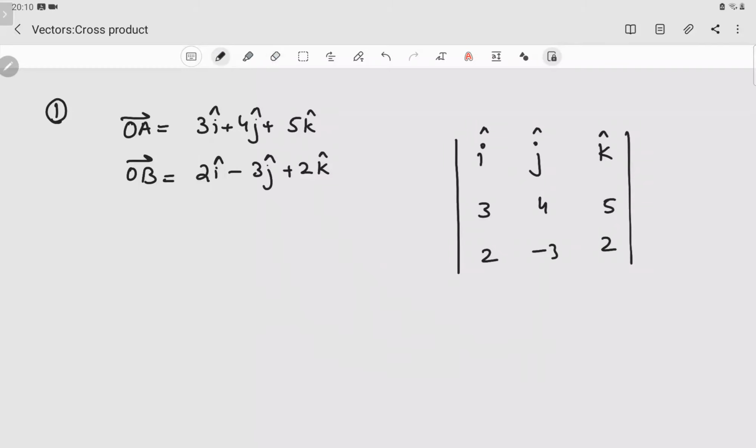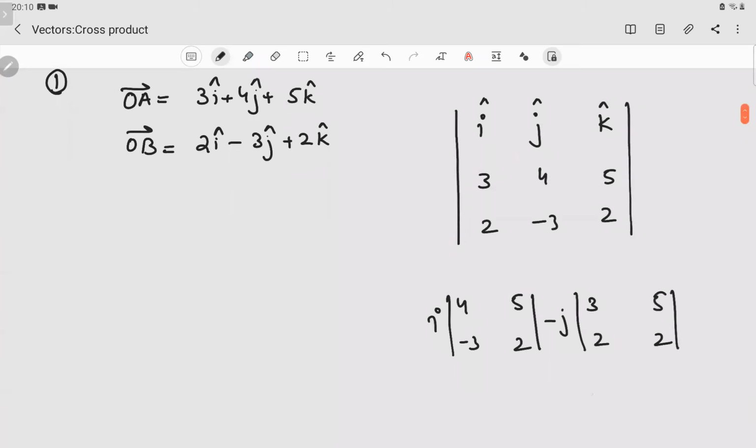Now let's expand this determinant. You have done much practice of determinant expanding, and you know that if you expand this determinant, you obtain another vector.